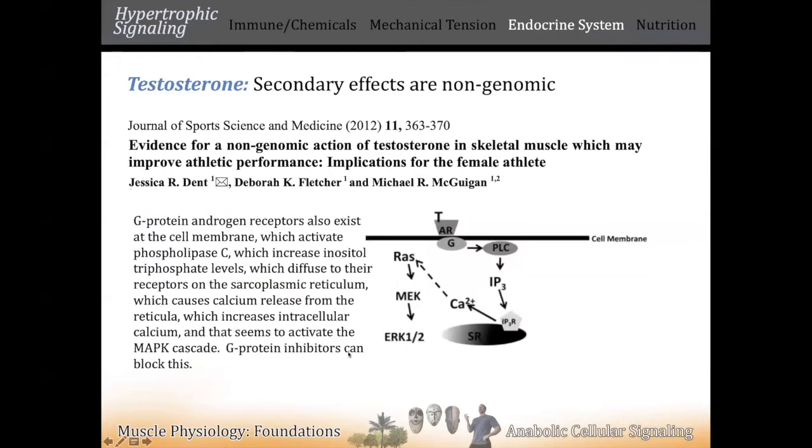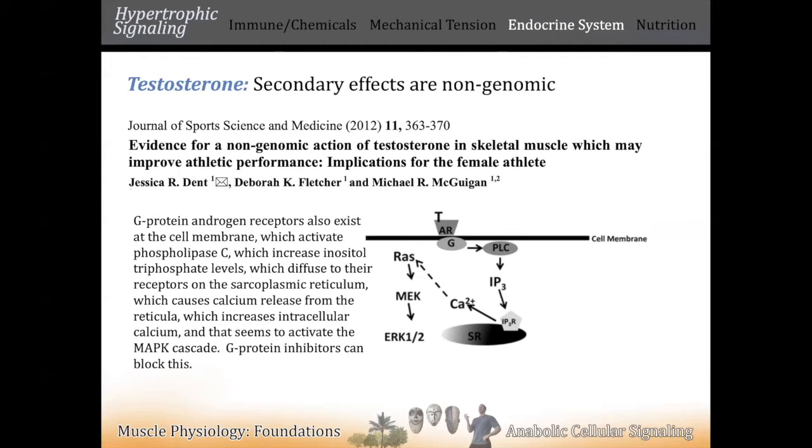And part of this, you're going to see cell surface receptors, so androgen receptor, but this is the cell membrane, right? And so this is G protein androgen receptors. And so let's get phospholipase C activated. You don't need to know this cascade, but I'm going to walk you through it a little bit.